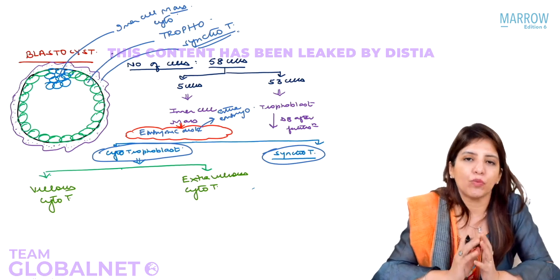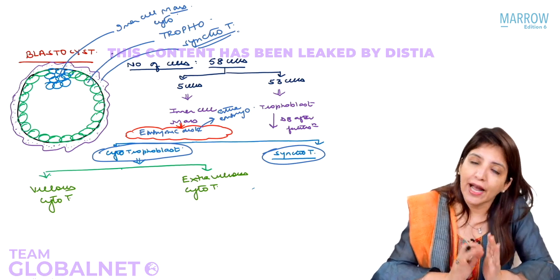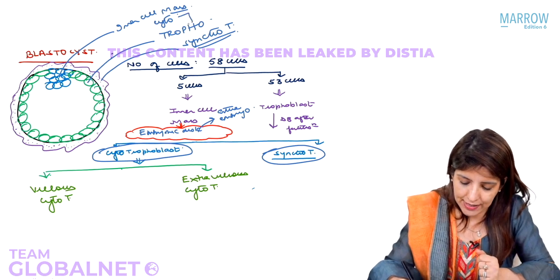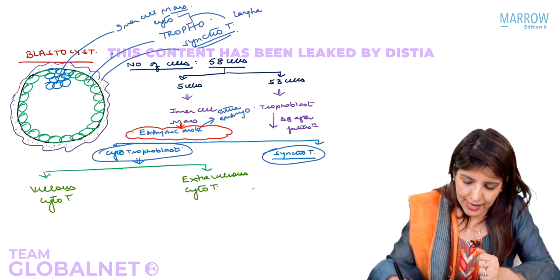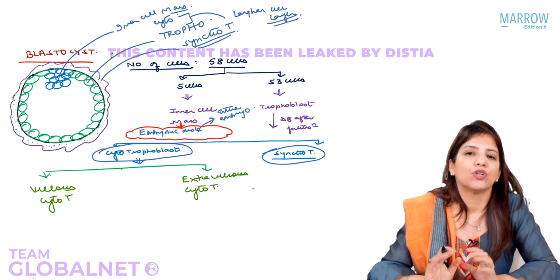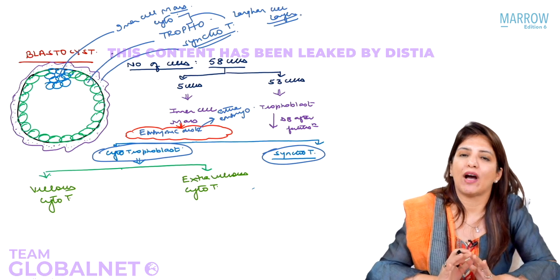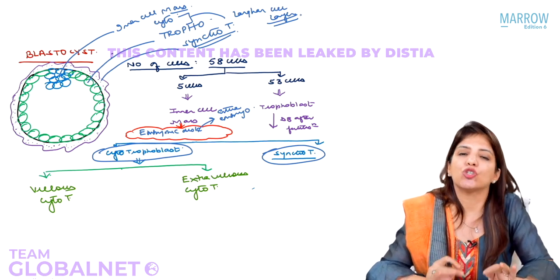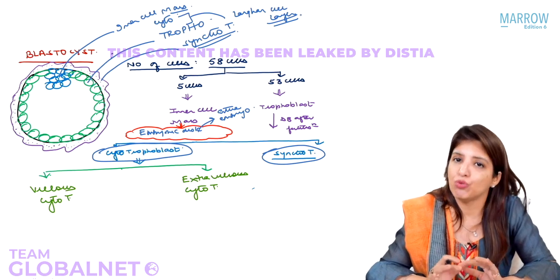Right? Next, very important: cytotrophoblast is also called the Langhans cell layer. So these are two very important points which you have to remember. I'm repeating: day 8 after fertilization, trophoblast gets divided into two layers.